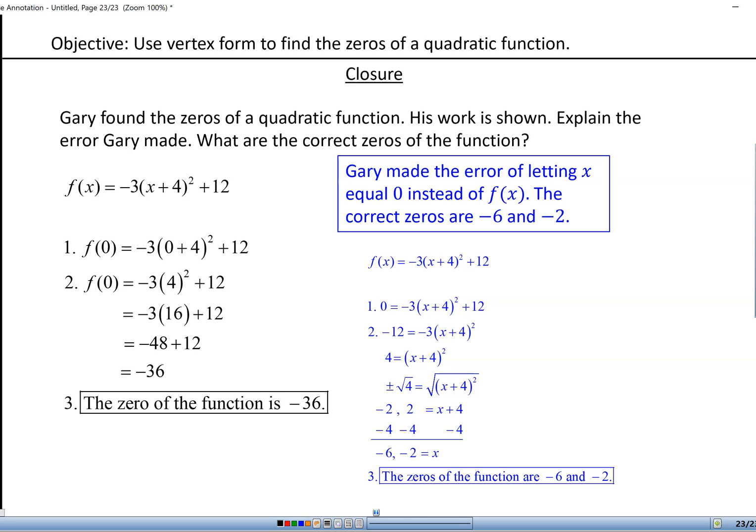So hopefully you said something along the lines explaining that Gary made the error of letting the x be 0 instead of f of x. So the correct math was to let f of x be 0, and he had x be 0, and that's not right. And then your math here hopefully gave you the zeros of negative 6 and negative 2, which are both rational numbers.